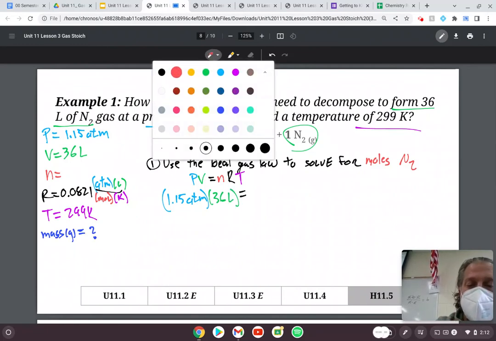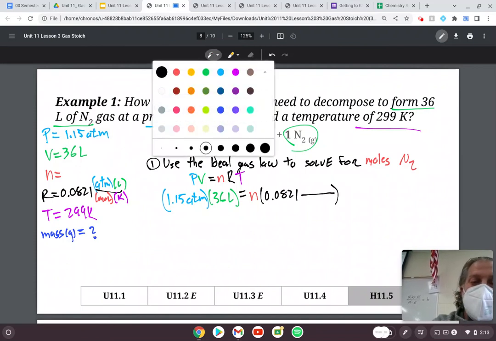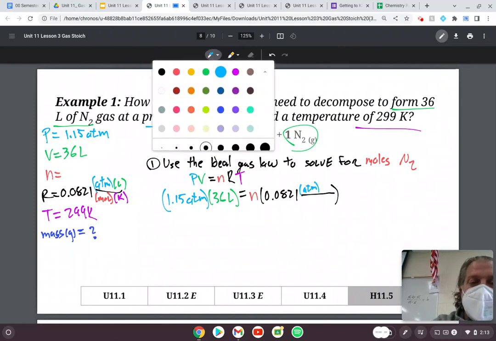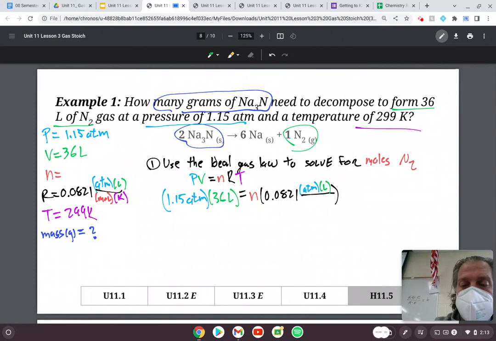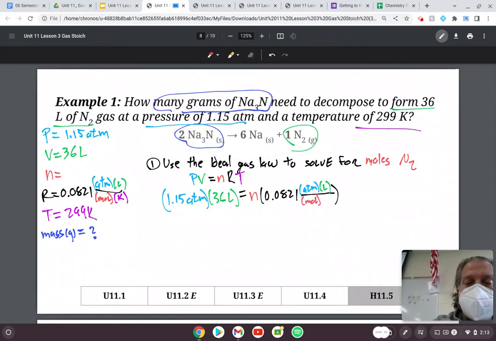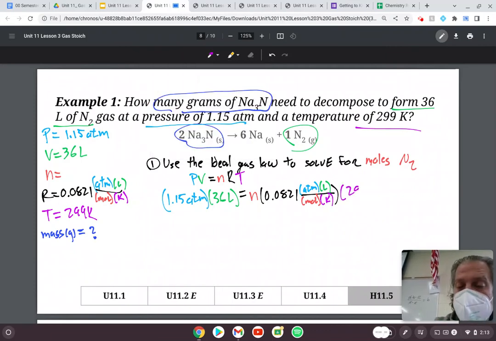We're solving for moles, so that's going to be n. The ideal gas law constant is always 0.0821 atm liters per mole per Kelvin. And then we are at a temperature of 299 Kelvin.